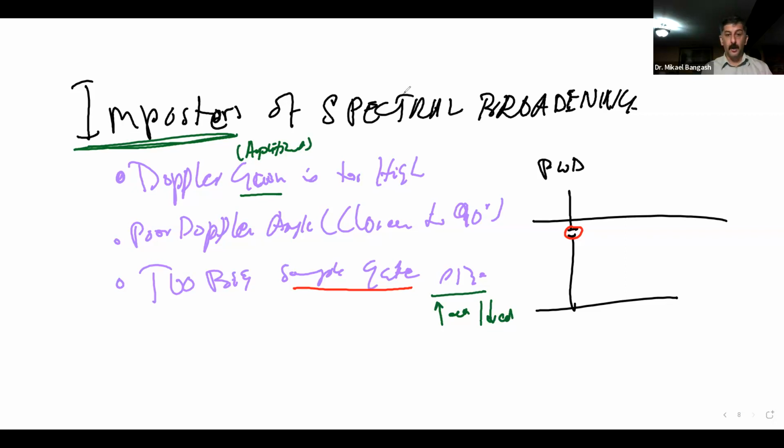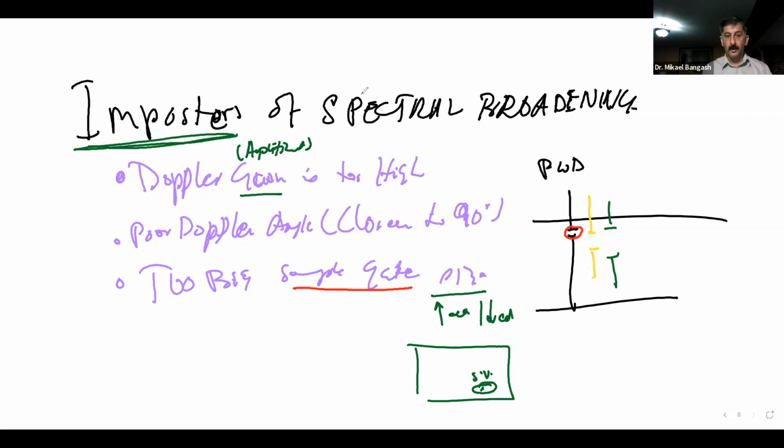Some of you will ask, how can we increase or decrease the size of this gate? Mainly on your touch screen, at the bottom down here, there is something that says S volume or something like that, where by touching it you can increase the gate size. Each time you touch it, it may increase a little bit.